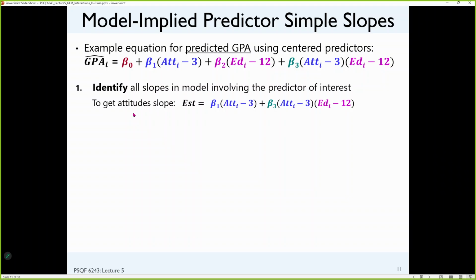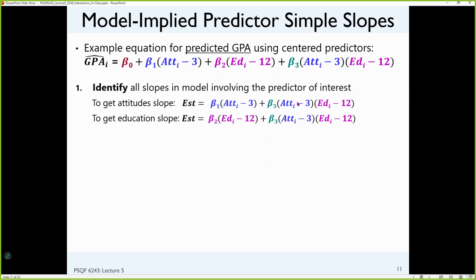So for instance, if I'm focused on the attitude slope in this problem, I definitely need beta 1 because that's what the attitude slope is to start with. I definitely need the interaction term because it has attitudes in here, but I don't need the main effect of education, and I don't need the intercept because they don't have anything to do with the effect of attitudes.